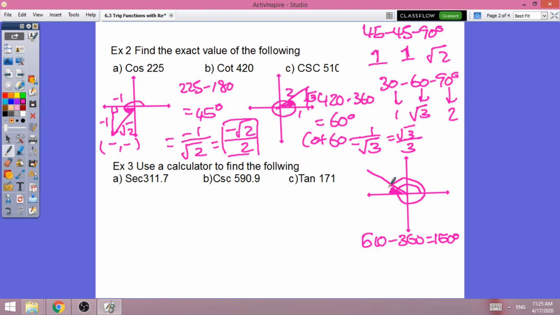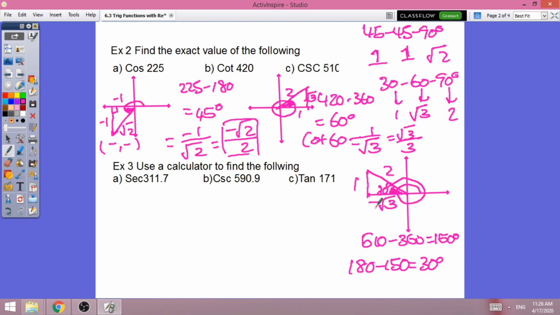But now we need to find a reference angle. 180 minus 150 is 30, so the reference angle is 30. For the ratio, we have 1, negative root 3, and over here is 2, using the ratio for the special right triangle. In quadrant 2 it's negative, positive, so that's why the adjacent is negative here.